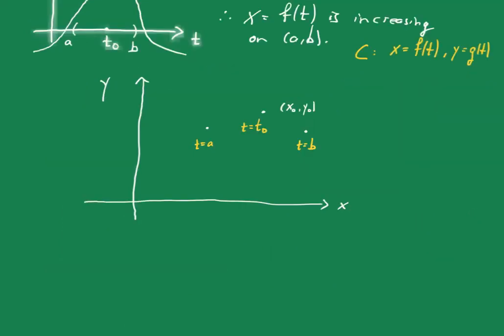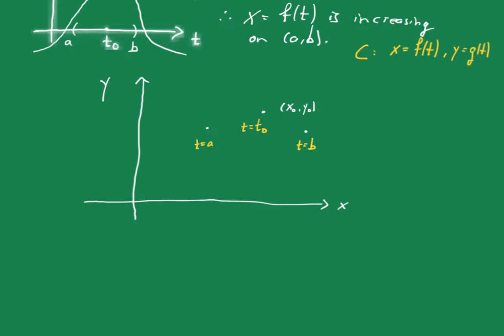All right, so I'm going to give a sketch of our parametric curve, which was described by these parametric equations here on the interval AB. So at x naught, y naught, remember, was a point on our parametric curve corresponding to t equal to t naught.